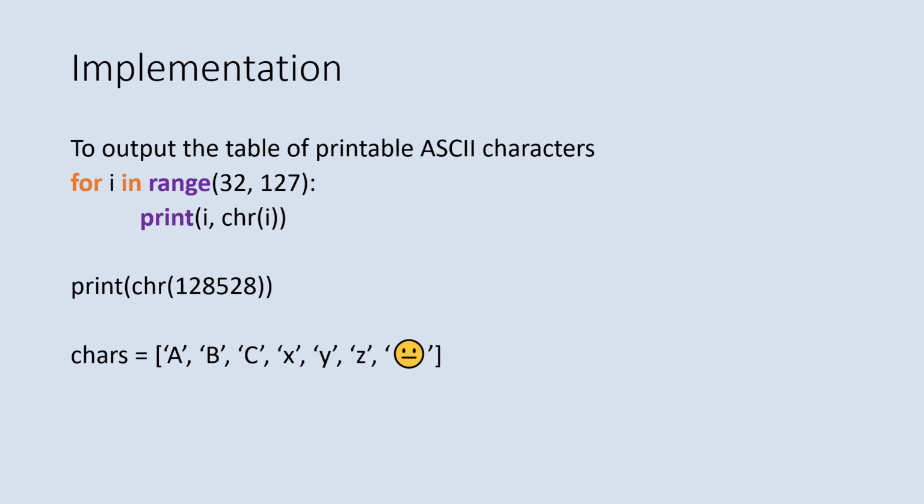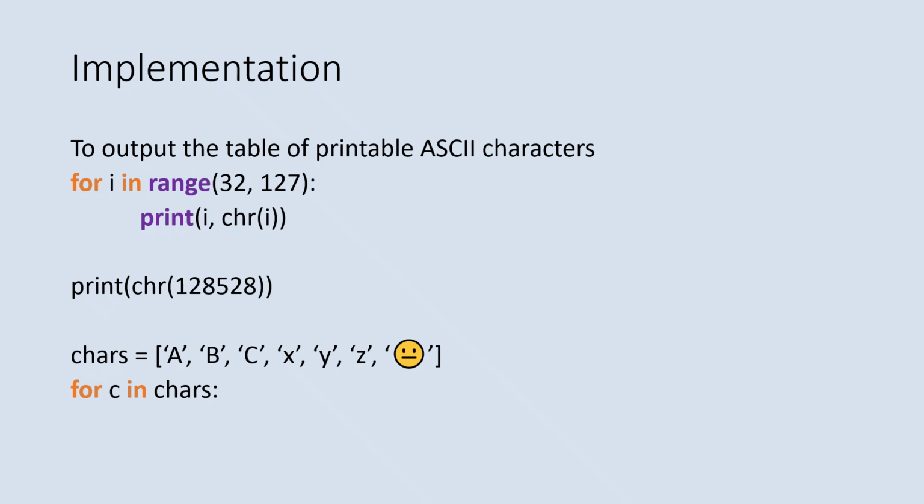Going the other way, we could create a list of different characters. So ABC, XYZ, and it turns out that the character we've described here, the 128,528, is this kind of neutral face emoji. If we input that as a string in the list, then we can go through each character in this list of characters.